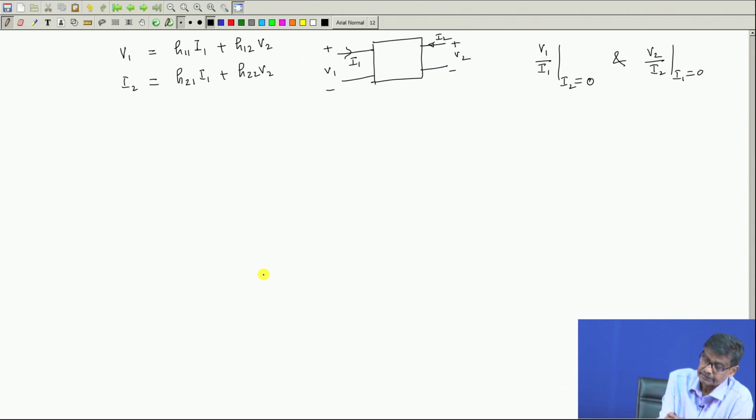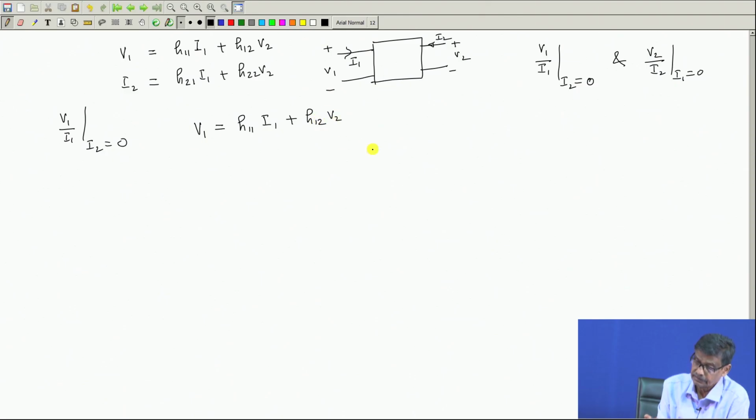So, in this case the first one, I want to calculate V1 by I1 with I2 equal to 0, means that I will keep the secondary open circuited, I will apply some voltage here. Therefore, from the first equation you will get V1 is equal to H11 I1 plus H12 into V2.